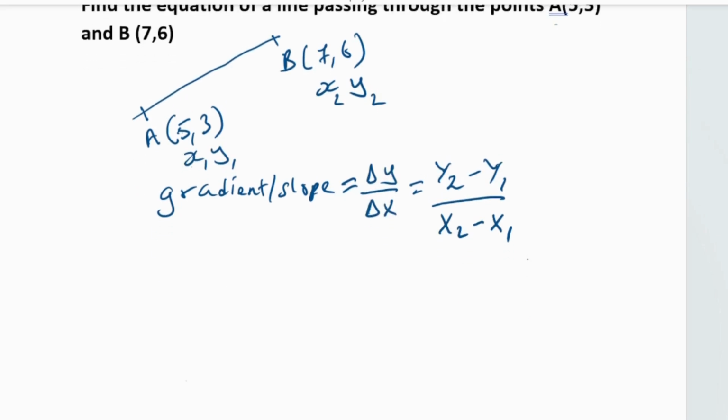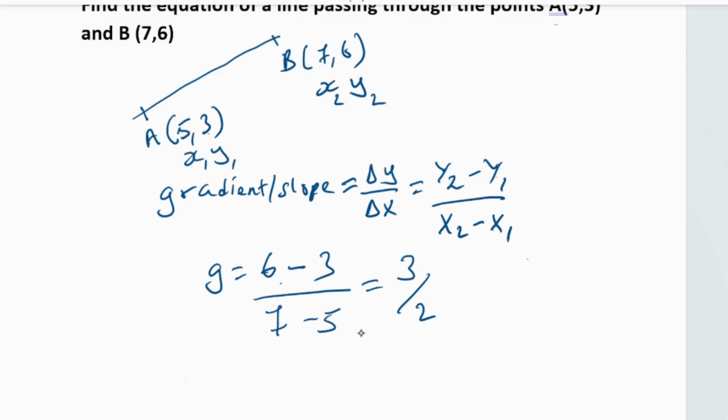With that, we can say that the gradient g is equal to: y2 is 6, minus y1 which is 3, over x2 which is 7, minus x1 which is 5. Therefore it will be 3 over 2. 6 minus 3 is 3, 7 minus 5 is 2, and this is our gradient.